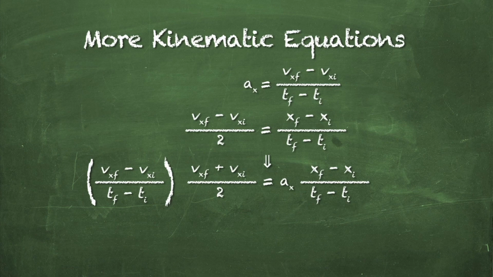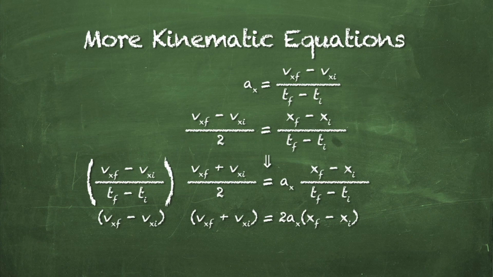Now that's still an equation because each time we've multiplied by the same thing, or things that were equal. If we multiply both sides by (t final minus t initial), and also multiply both sides by 2, we get the quantity (Vx final minus Vx initial) times the quantity (Vx final plus Vx initial) equals 2 times Ax times (x final minus x initial).